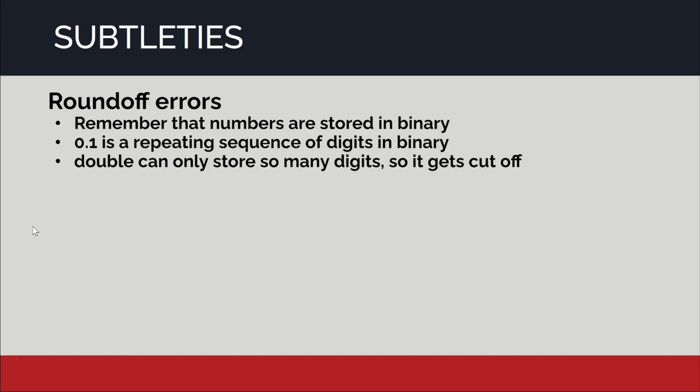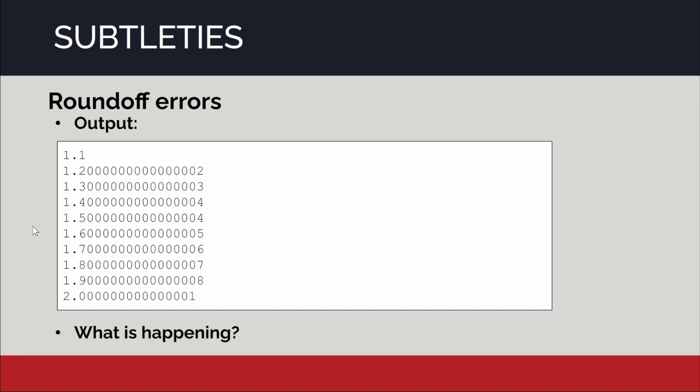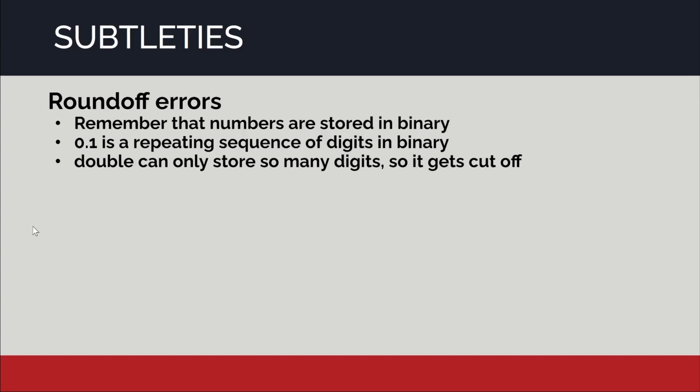So what exactly is going on here? We need to go back to our initial understanding. Remember that numbers for computers are stored in binary, not in decimal. You're looking at this as though it's a decimal, but it's actually stored in memory for the computer as a bunch of ones and zeros. 0.1 in decimal is a nice number, but in binary, 0.1 is a repeating sequence of digits.